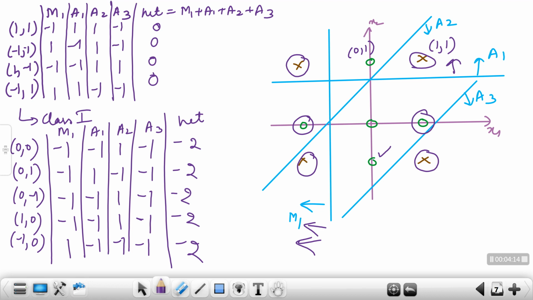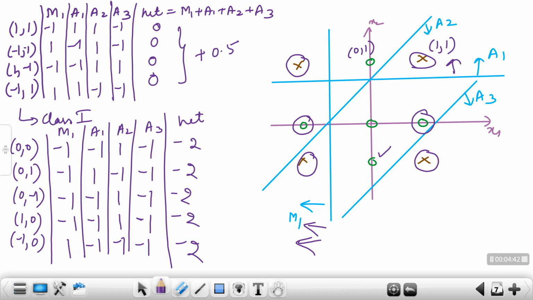So the bias can be selected somewhere lying between -2 and 0.5. If I add 0.5 to this, it will become 0.5.